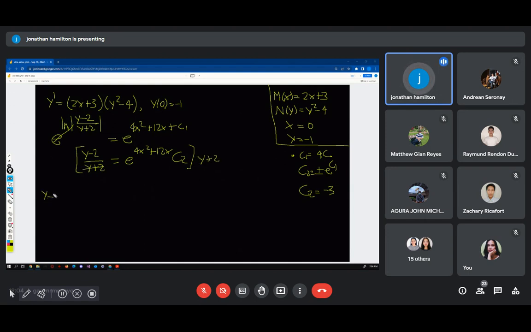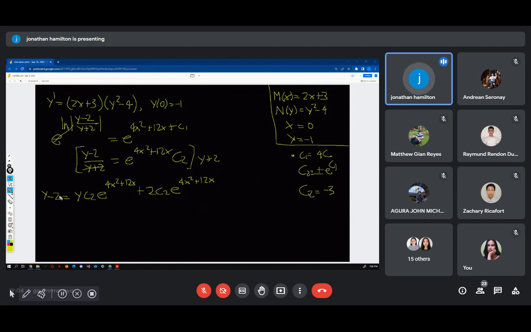So we're left with y minus 2 is equal to, we have yc2 e raised to 4x squared plus 12x. And then we have plus 2, which is, we could say this is 2c2 e raised to 4x squared plus 12x.